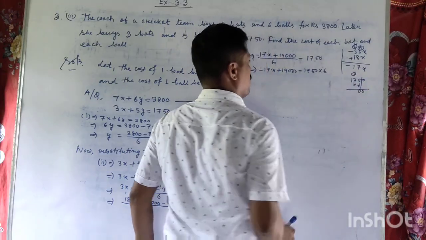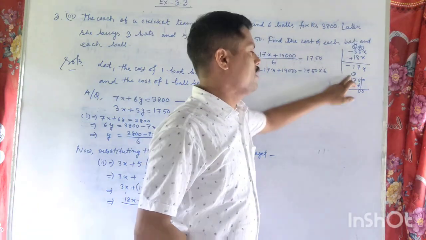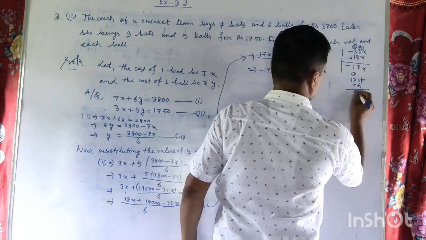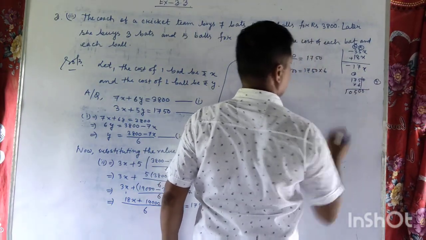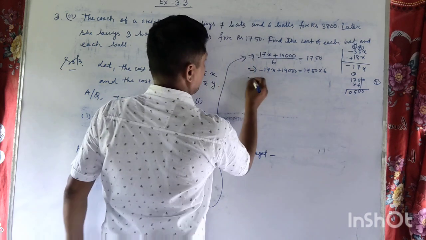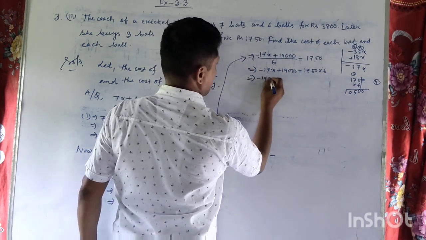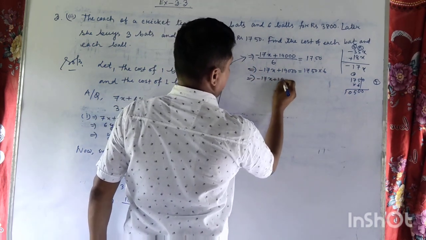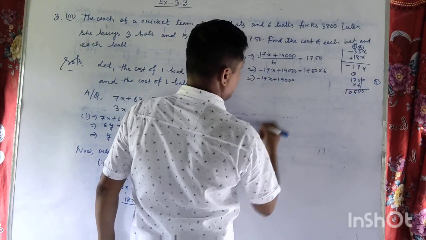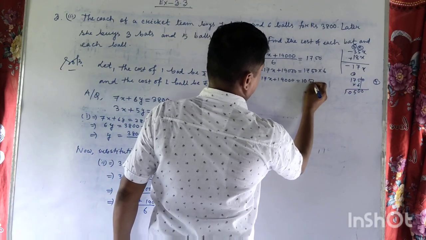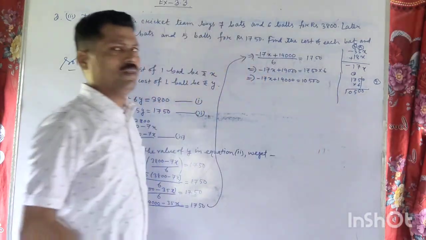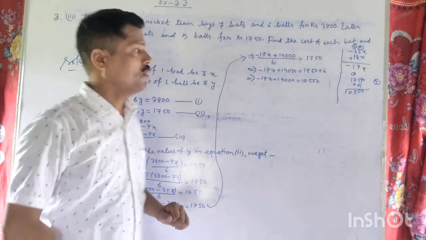Then 6 sevens are 42, 42 and 3, that is 45. 4 in hand. 6 ones are 6 and 4, that is 10. So minus 17x plus 19,000 is equal to 10,500. 10,500 we have got here.